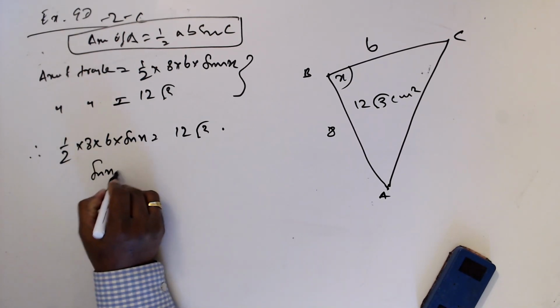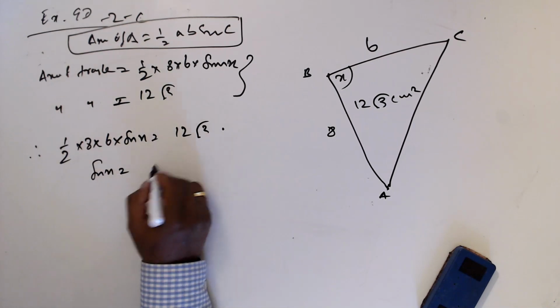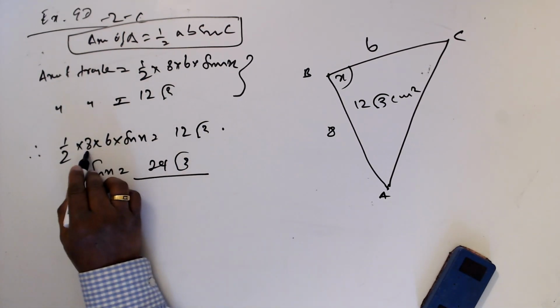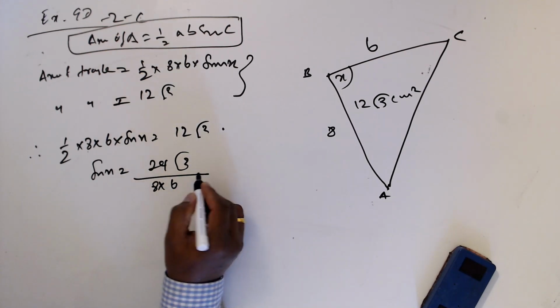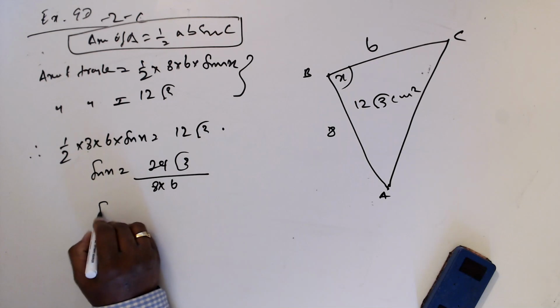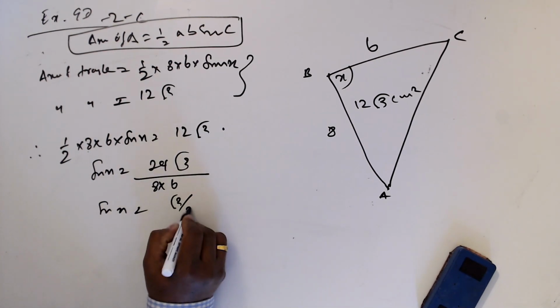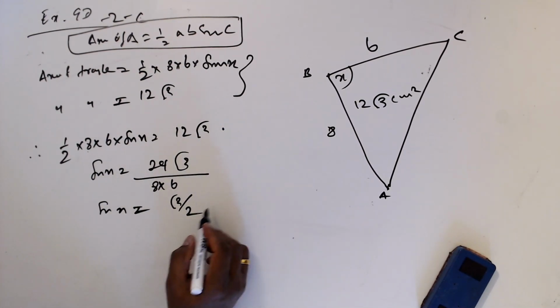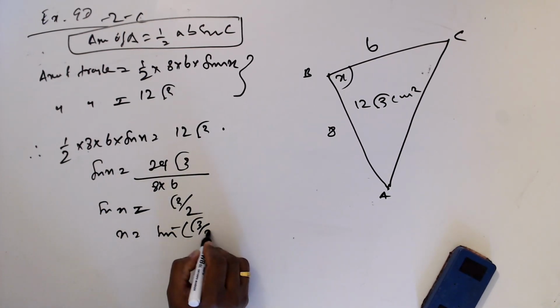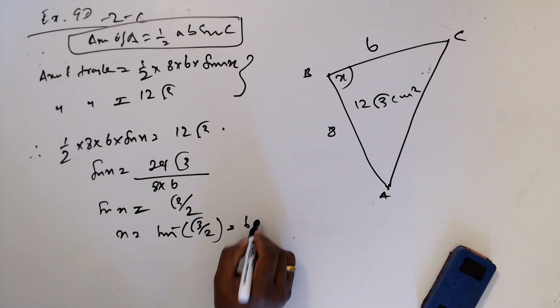Sine x equals 2 times 12, 24 square root 3, divided by 8 times 6. So it means sine x equals square root 3 over 2. So x equals sine inverse square root 3 over 2, which means 60.